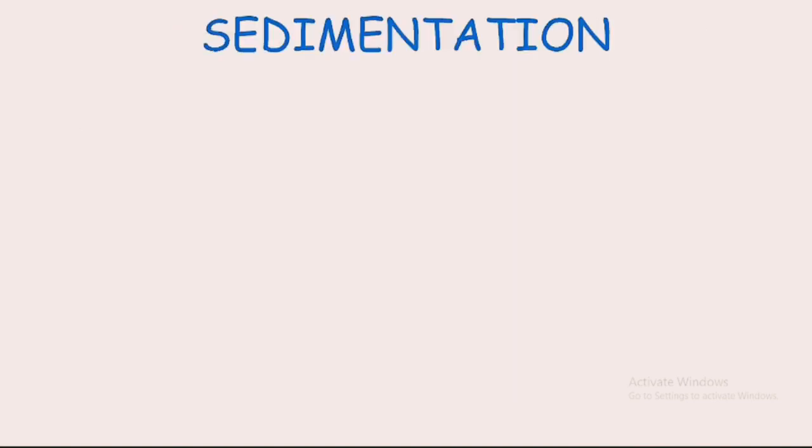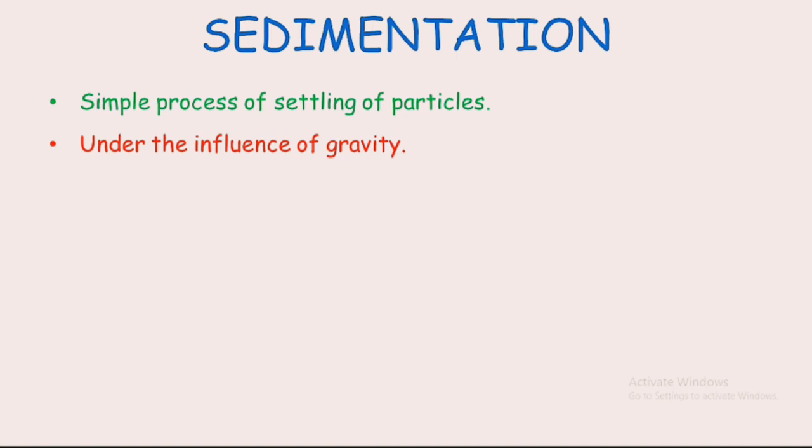And the next kinetic property of colloids is sedimentation. It is the process of settling of particles with time under the influence of gravity, as all the particles present in a dispersion are either smaller or larger in size with respect to each other.